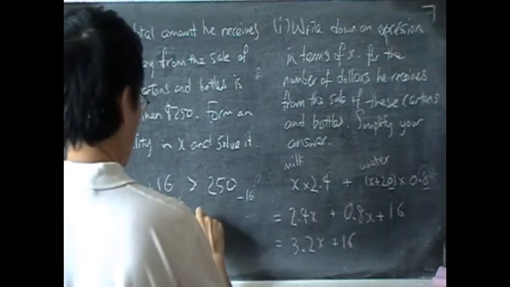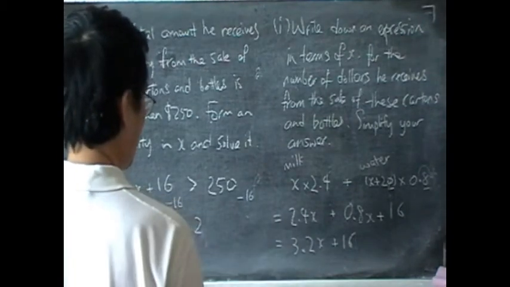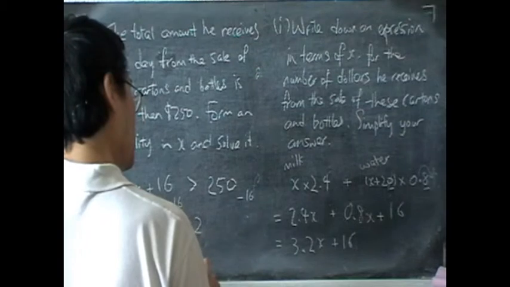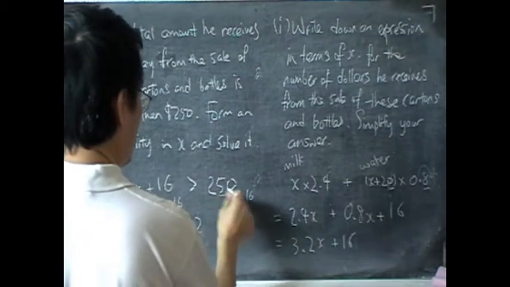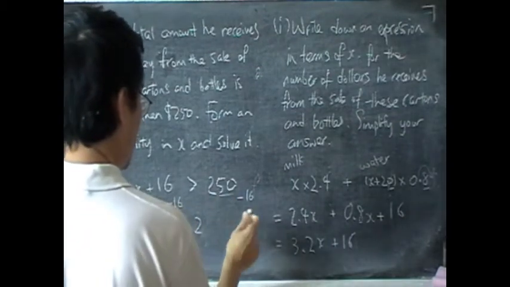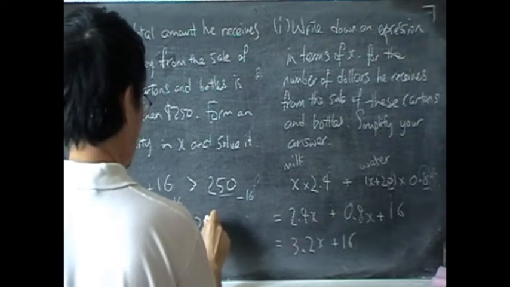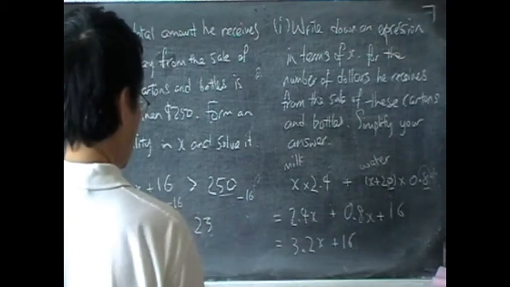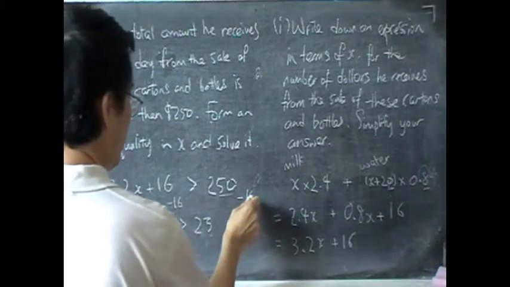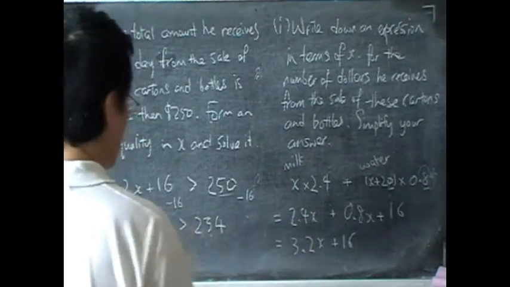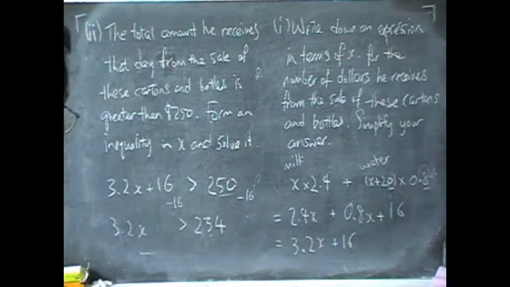I'll split the 250 into 230 plus 20. The 230 gives me a 23 in the tens place, and the 20 minus 16 gives me a 4. 234 is the answer to that.